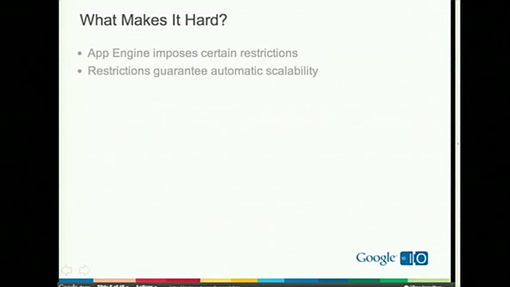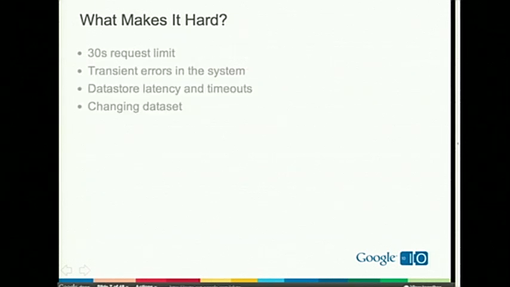And for certain reasons, this is difficult stuff in App Engine. First of all, there are certain restrictions in App Engine, which are not created because we like those, but because we need automatic scalability, we need replication, reliability, and that's why we've got our 30-second request limit, which we're really trying to overcome.